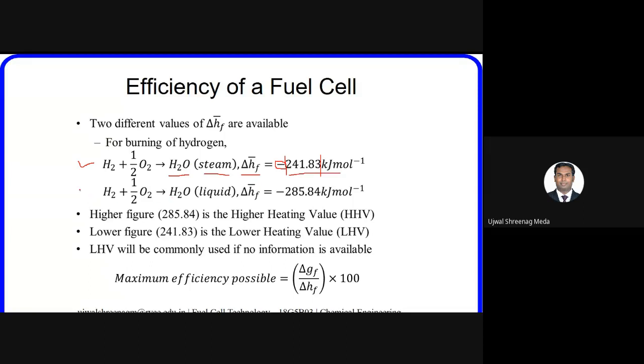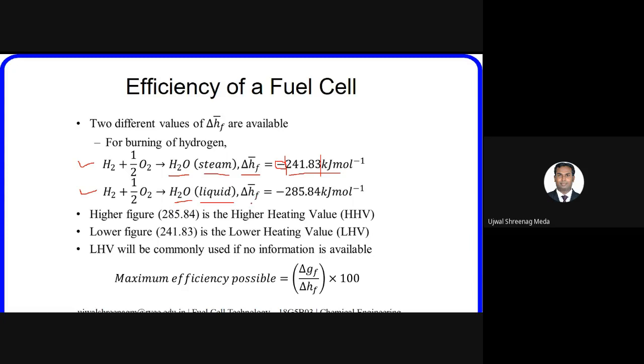So another case is the same reaction carried out at ambient temperature, close to room temperature, but definitely less than 100 degrees centigrade. So in that case, it's the same reaction, the same reactants and products, but the state of the product is liquid.